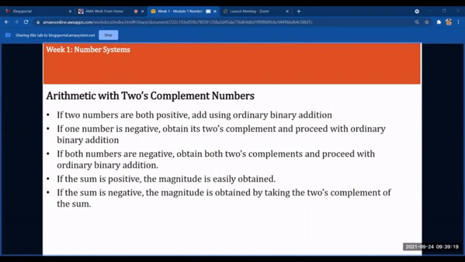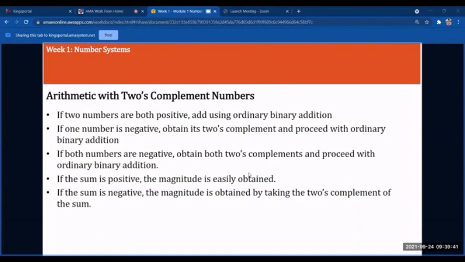Okay, so how do you understand this? It's easy. All you have to do is make sure that the numbers you will add are positive. If there is a negative number, you need to first take the 2's complement of that number.